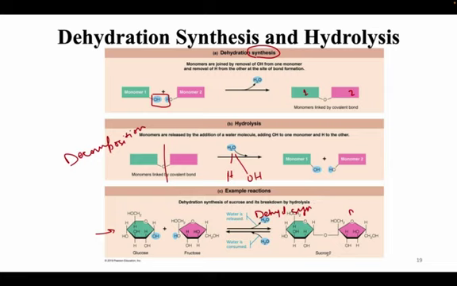Okay, now if I want to split up the sucrose and go back to its original form, then I'm going to do decomposition and hydrolysis, right? So hydrolysis simply means I'm going to split up sucrose into glucose and fructose, as well as water being consumed, and water is also now split up the same way, hydrogen and OH.